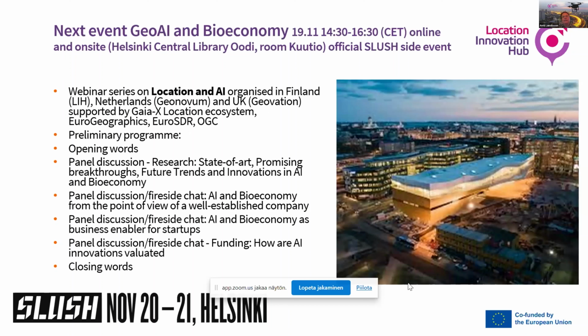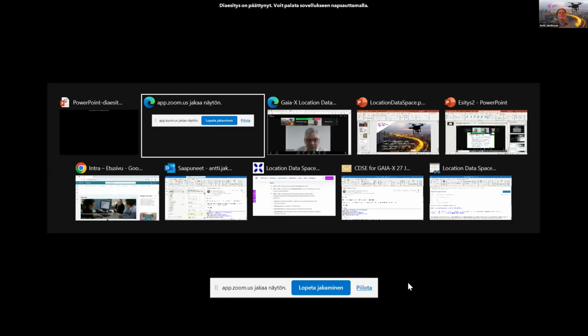Together with them, as an official side event, we will be providing this event starting with the GeoAI and bioeconomy, but we will follow that together with the Netherlands and UK, and we try to provide the state of the art of how GeoAI and location and AI is evolving. That is something that Jordi also mentioned is very important. I think Ulrich also mentioned that in his presentation. So that's the end. Sorry, I guess I overstated 3 minutes.